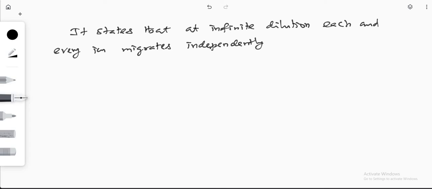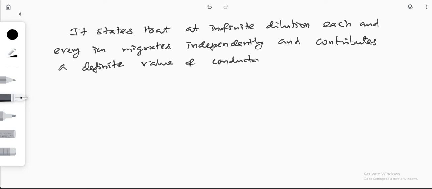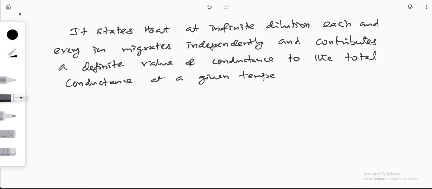It states that at infinite dilution each and every ion migrates independently and contributes a definite value of conductance to the total conductance at a given temperature. This is very, very important.